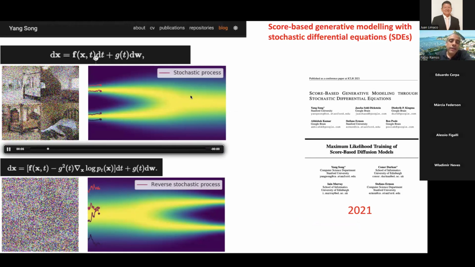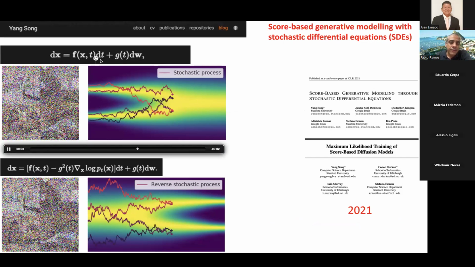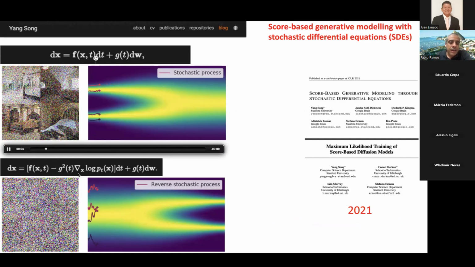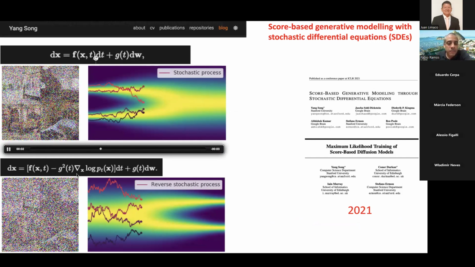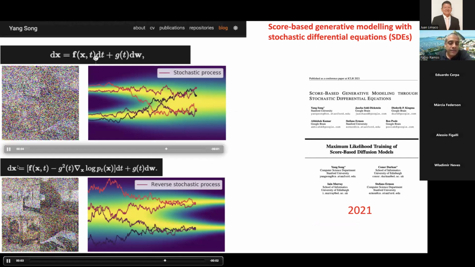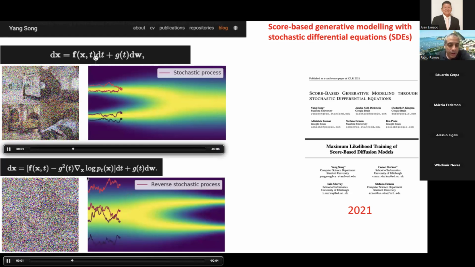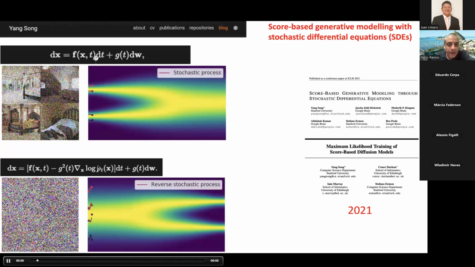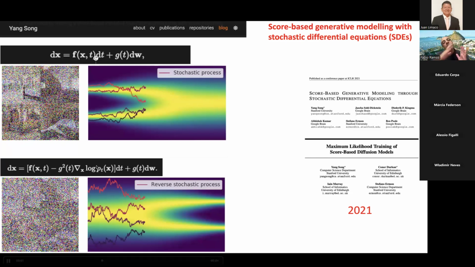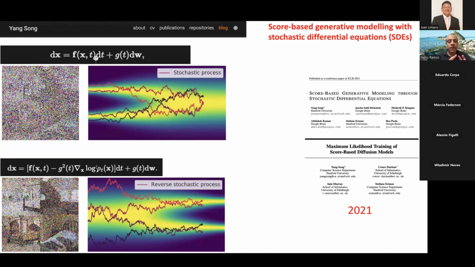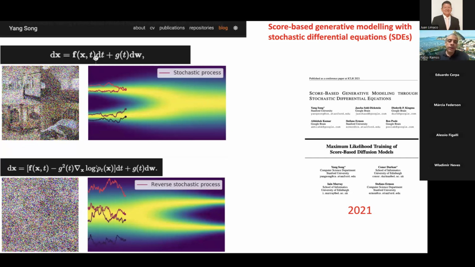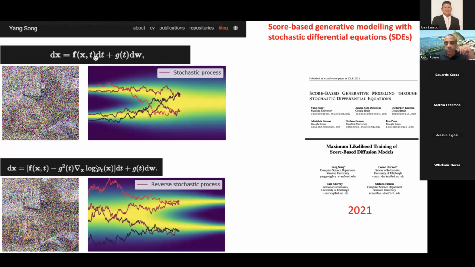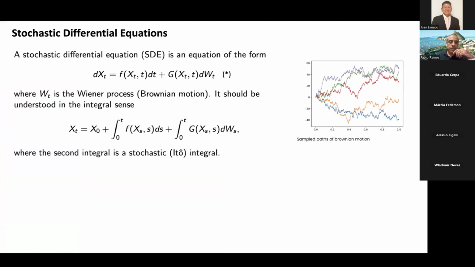And then there is a nice result that given a stochastic process, there is a reverse stochastic process that is given by this formula. And, surprisingly enough, the score function is here again. So you can add noise and remove noise through the framework of stochastic differential equations, right?